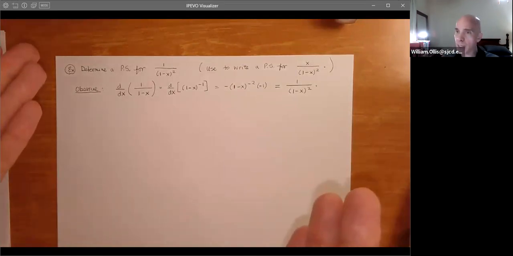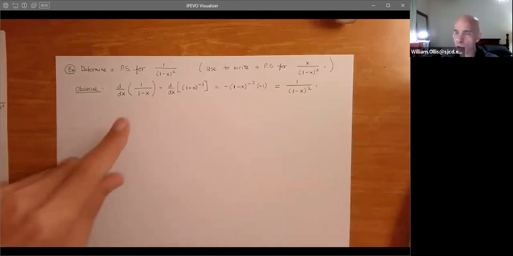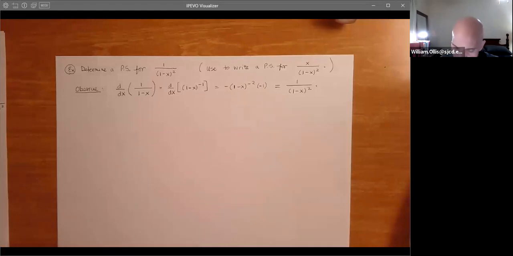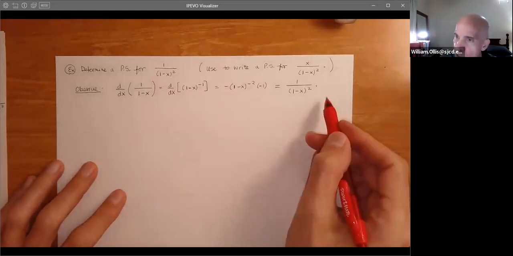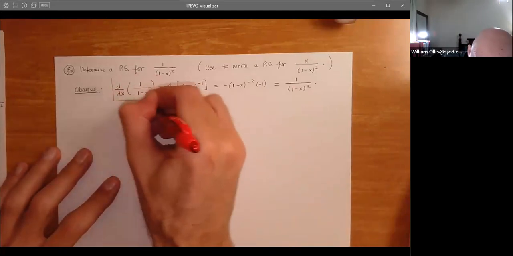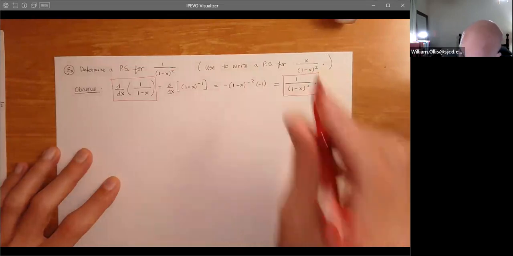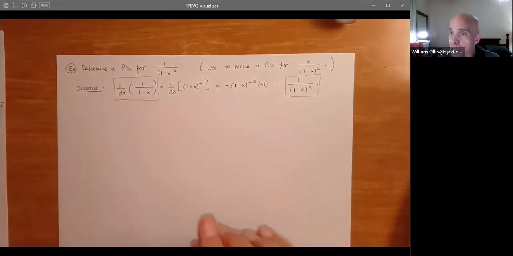Well, what we want to do here is the same process, but instead of integrating, we're going to differentiate. So what we see with this simple calculation, well, it's simple because you've had calculus 1, is that the derivative of something geometric is equal to the function that we're interested in creating the power series for.